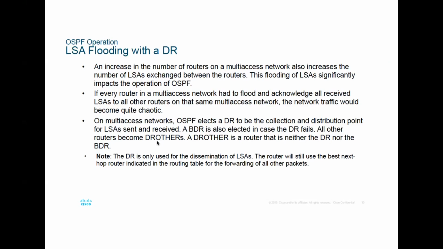The DR is also used for the dissemination of LSAs. The router will still use the best next hop router indicated in the routing table for the forwarding of other packets.